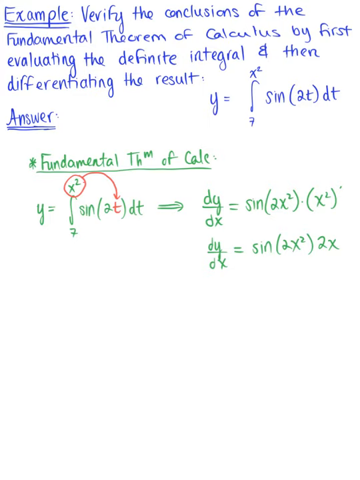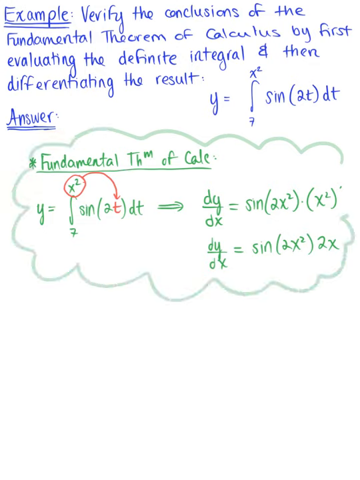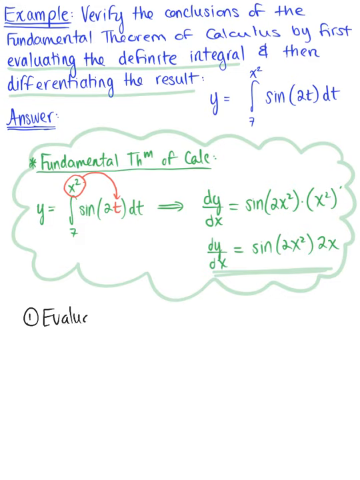We want to verify this, to make sure that this is actually holding true, and we can easily verify the fundamental theorem of calculus by first evaluating the definite integral and then differentiating the result. The result should give us sine of 2x squared times 2x. So let's take a look. Step 1, we have to evaluate this definite integral.